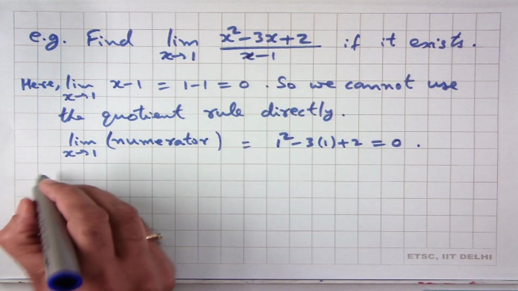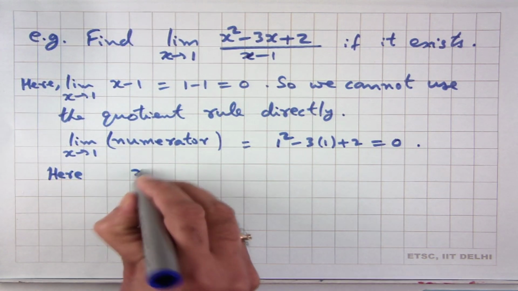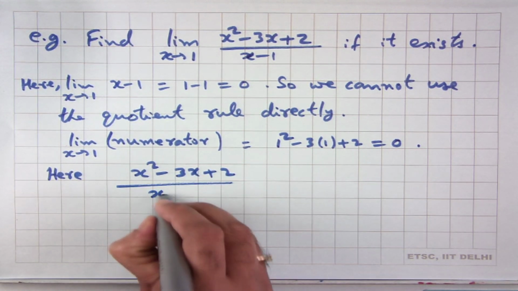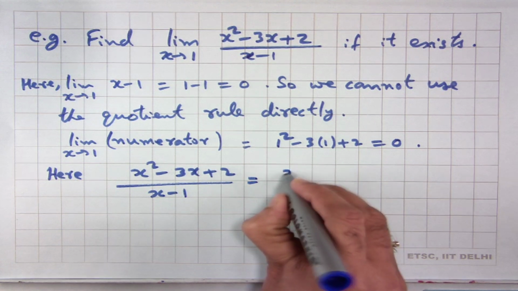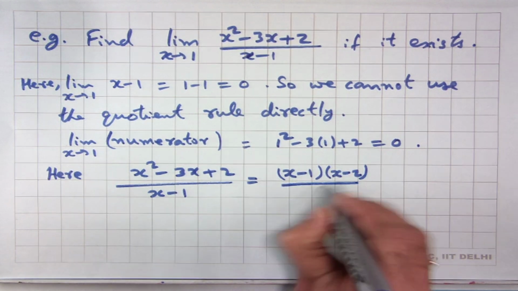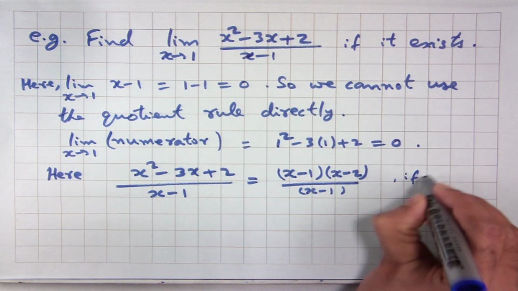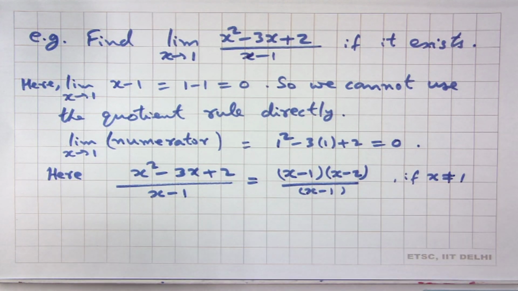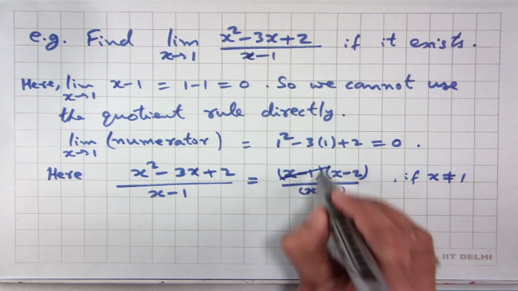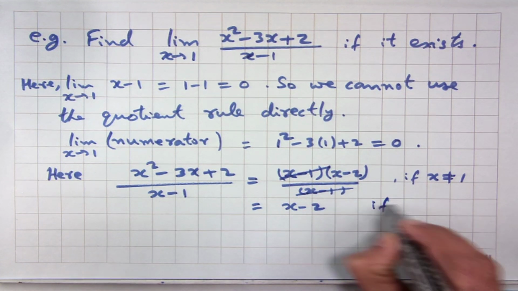So, here x square minus 3x plus 2 divided by x minus 1 is equal to x minus 1 times x minus 2 divided by x minus 1. Of course, this is defined if x is not equal to 1, and if x is not equal to 1, then one can cancel this x minus 1, and this is equal to x minus 2.